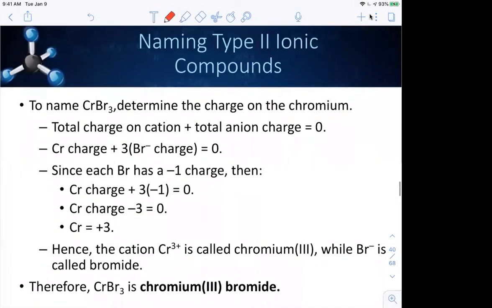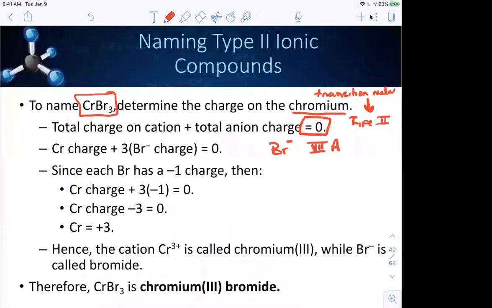So let's go through this. What if I want to name CrBr3? First of all, chromium is a transition metal, so the first thing I think is this is going to be type 2 with a variable charge. Remember, the sum of the charges in the formula has to equal 0. I know that each Br is a -1 because it's group 7A. I have 3 bromines, which gives me -3.